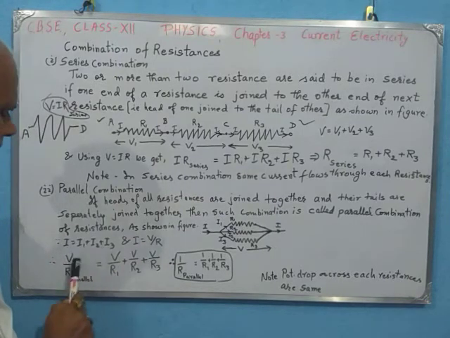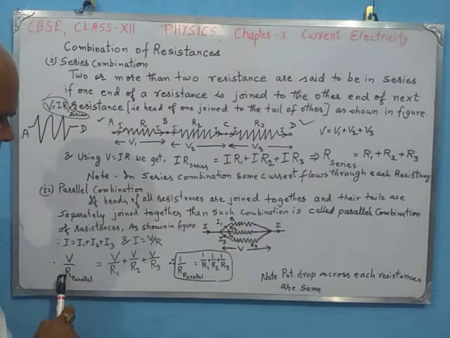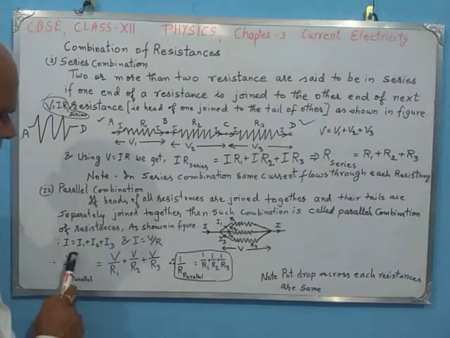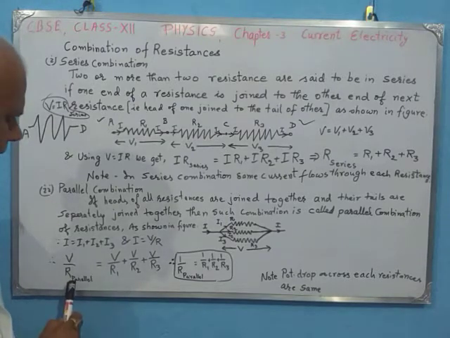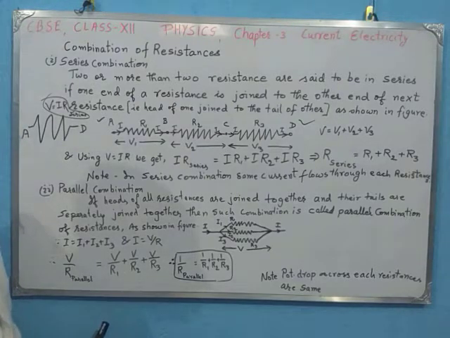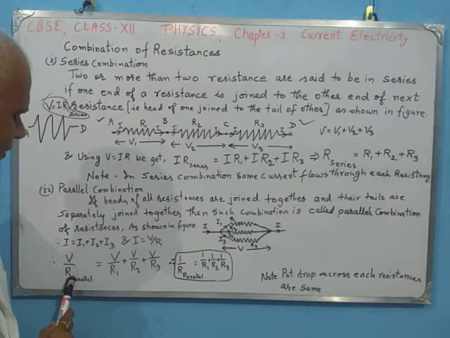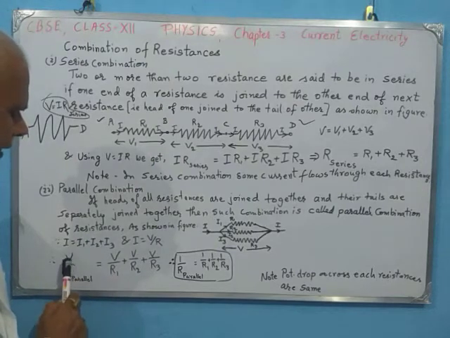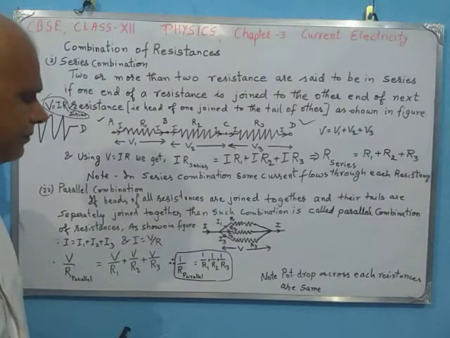Here you see the current flowing through the combination I will be equal to the potential drop across the combination divided by the equivalent parallel resistance of the combination. So when we take V common on the right hand side, it cancels with the V on the left hand side.